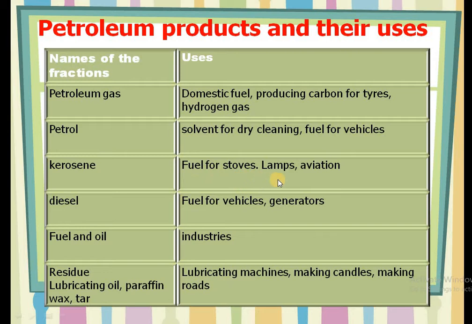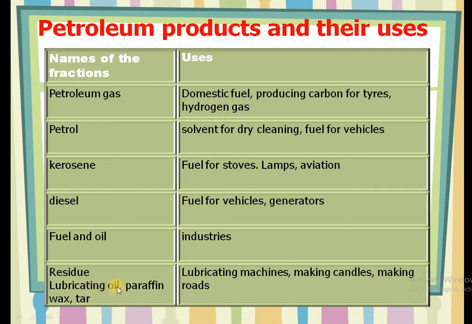Kerosene is fuel for stoves, lamps, and aviation, that means in jet aircraft. Diesel is also one of the important fuels for vehicles, automobiles and generators. Fuel oil is used in industries.